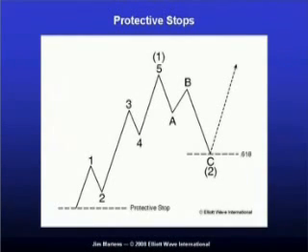I'm waiting for the 3-wave decline, the correction of that 5 up, to offer the opportunity. I also know, based on the rules of Elliott, where the count is wrong. Wave 2 cannot retrace more than 100% of wave 1. So I can draw a line there. And as the corrective wave 2 comes down towards that limit, I know what my risk might be.